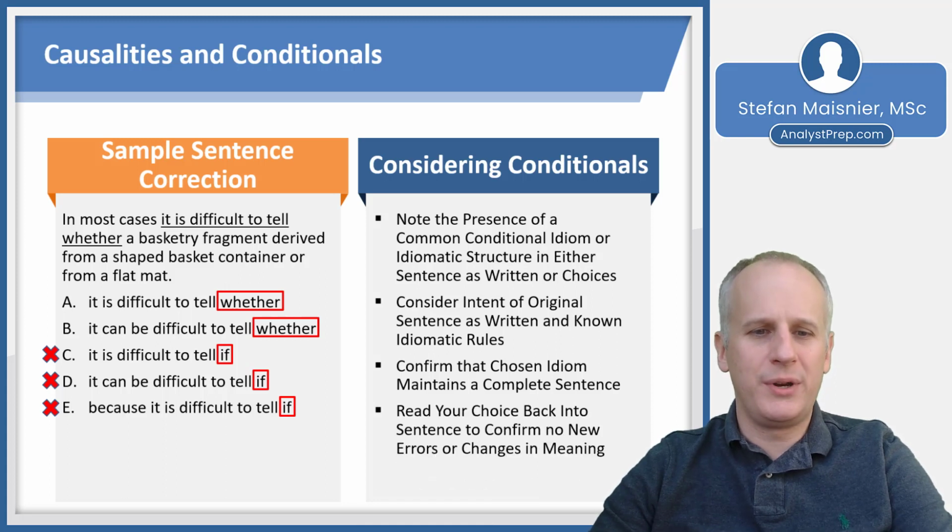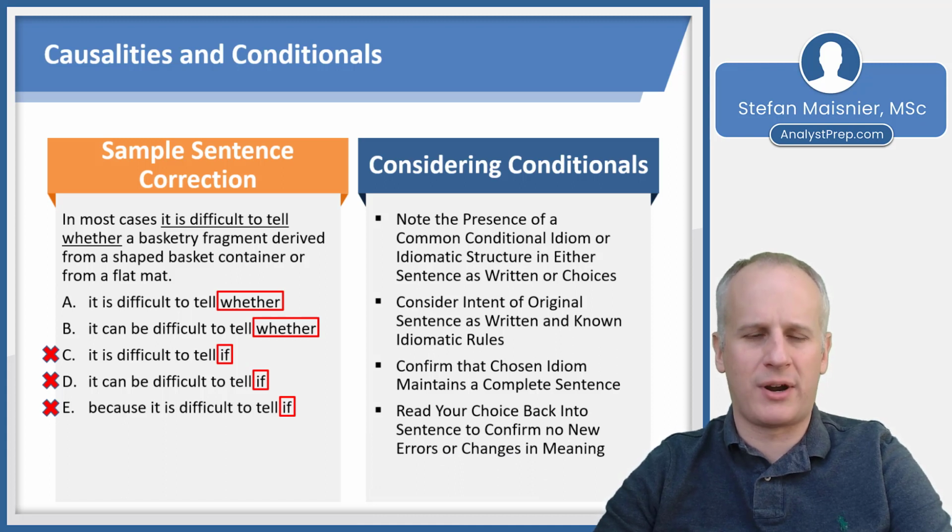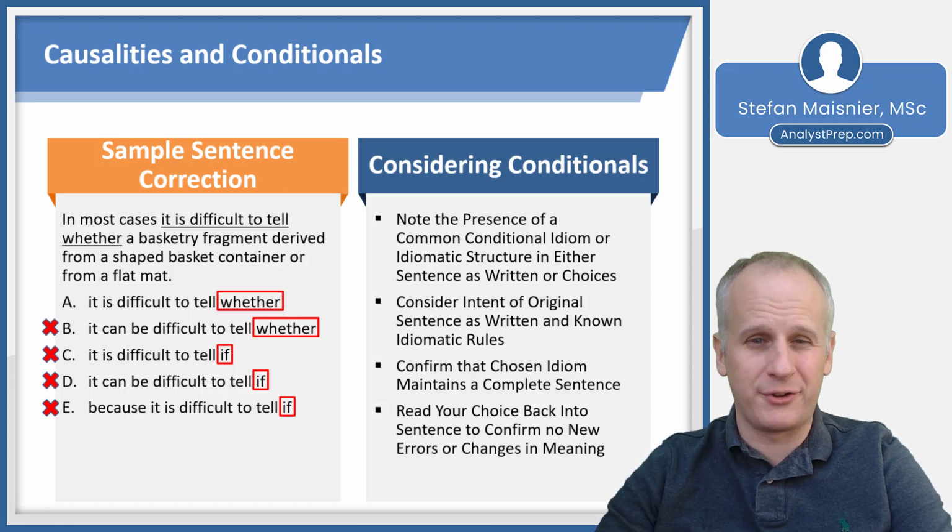So we'll read these two options and we can see it is difficult to tell whether a basketry fragment derived from a shaped basket container or from a flat mat versus it can be difficult to tell whether a basketry fragment derived from a shaped basket container or from a flat mat. And that switches the meaning because it said is in the original. We always have to default to the original.